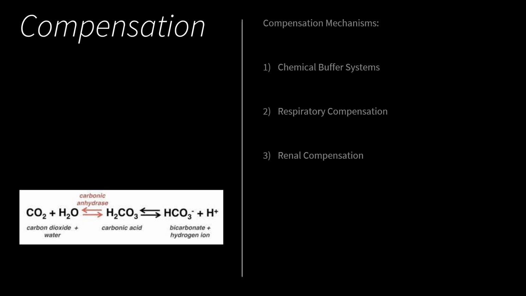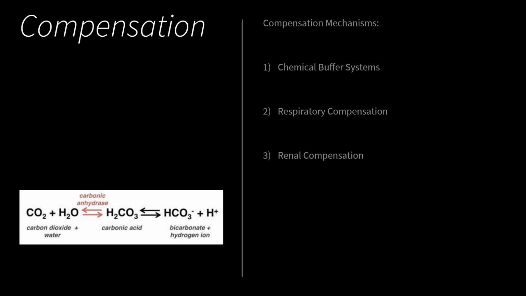And in a homeostatic balance, there's typically 20 bicarbonate anions compared to one carbonic acid. That's the ratio to maintain homeostasis. And so we have an acid and a base existing in our blood, and that's the definition of a buffer system. The analogy I use is shock absorbers on a car.